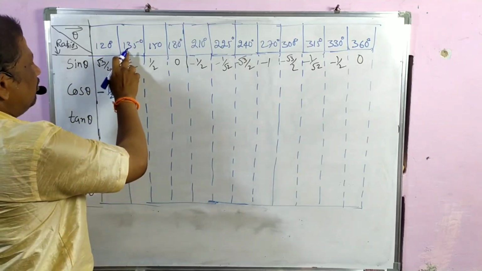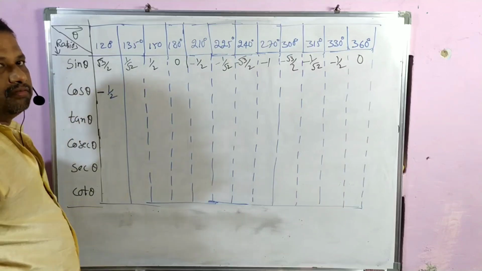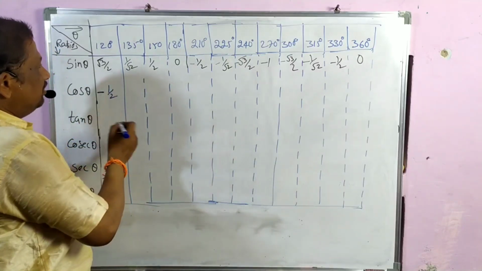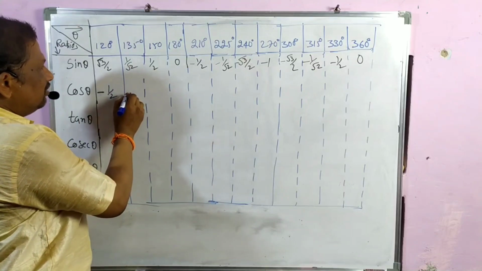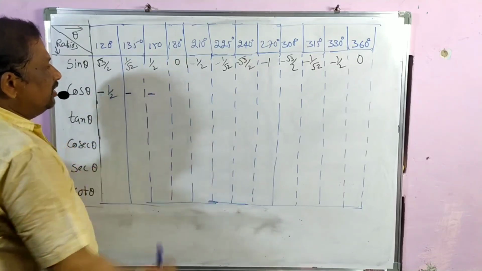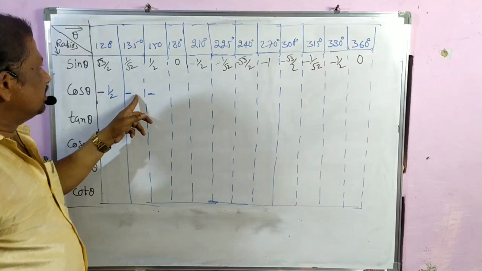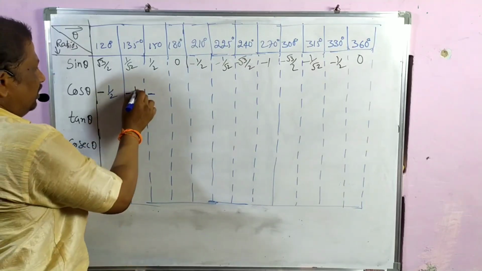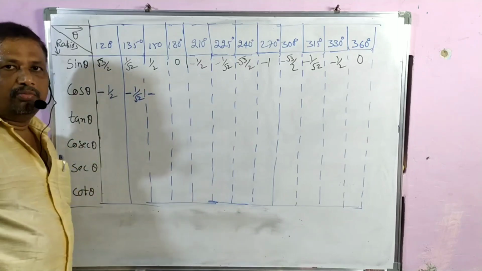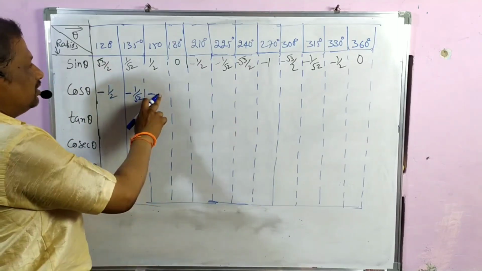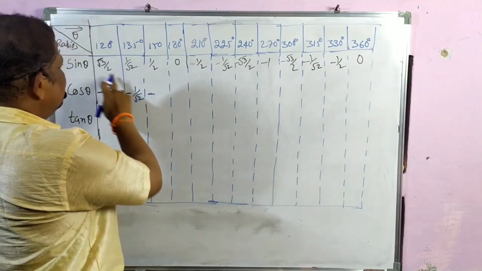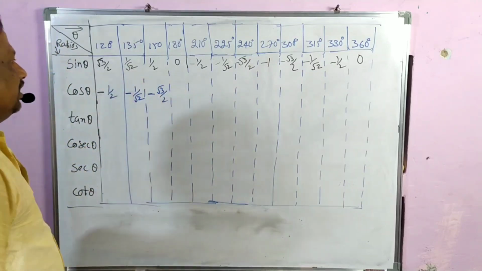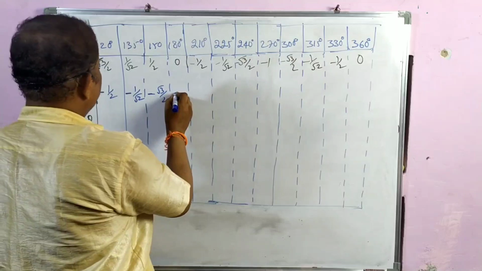Next step, 90 plus 135 means it is operating on the y-axis. It falls in the second quadrant, so minus will come. So 90 plus 45, sin 45, so minus 1 by root 2. In the same way, 60 degrees: sin 60 will come. 90 plus 90: sin 90, minus 1 will come.